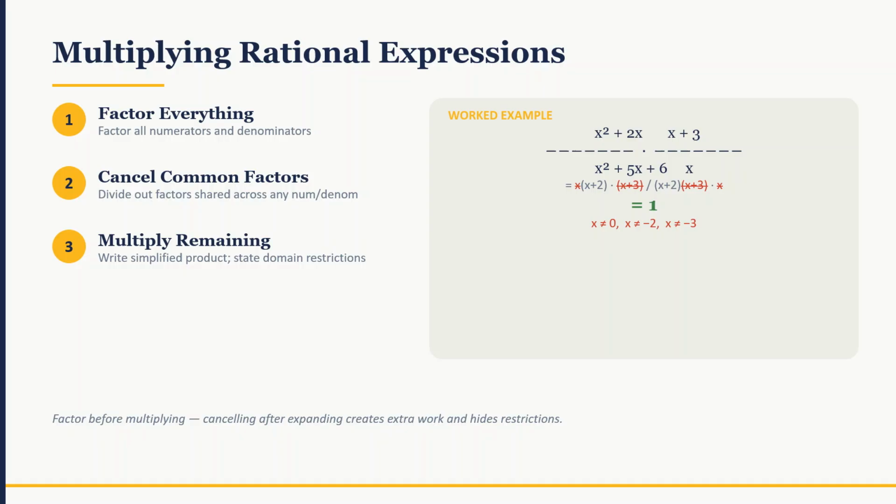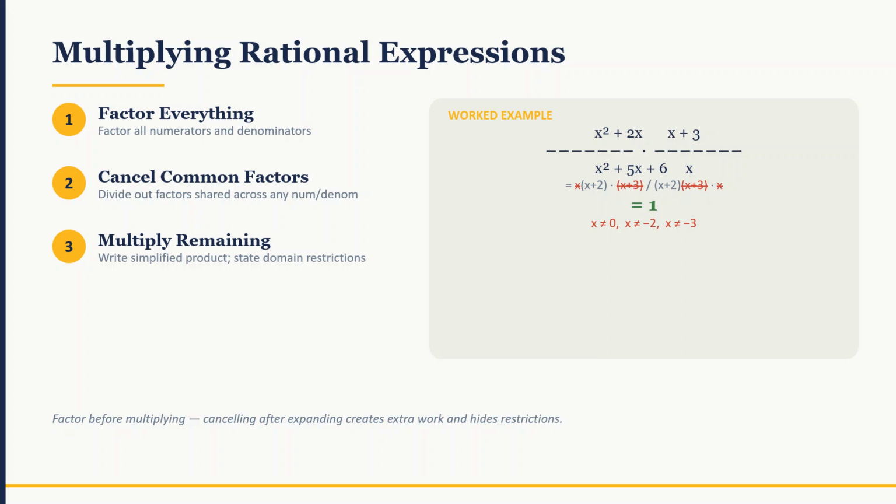Take x squared plus 2x over x squared plus 5x plus 6 times x plus 3 over x. Step 1. Factor everything. The first numerator factors as x times x plus 2. The first denominator factors as x plus 2 times x plus 3.